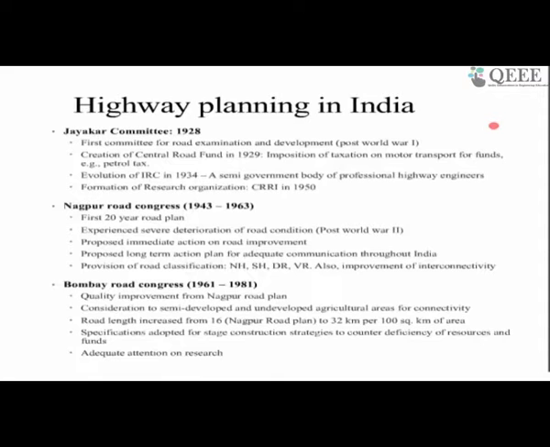The other thing to look into was the consideration of the semi-developed and underdeveloped agricultural areas for connectivity, because we were connecting the major cities. Now how can we connect the smaller villages and other places through which we can actually prosper and the economy can evolve? So this was discussed and formalized in the Bombay Road Congress.